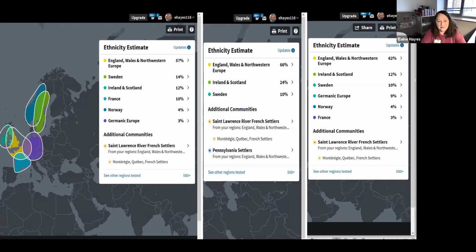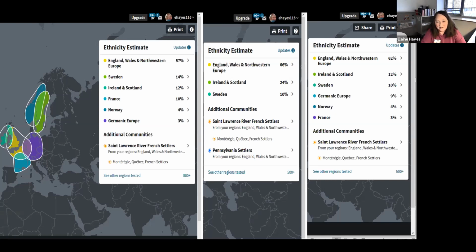This is just another example of my family and how I am different from my two sisters, and somewhat similar, with some of the same places. I can see one of my sisters doesn't have any from Norway or France, but she has England, Wales, and Northwestern Europe, Ireland, and Scotland, and Sweden.